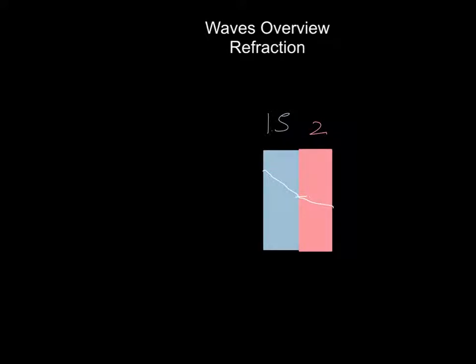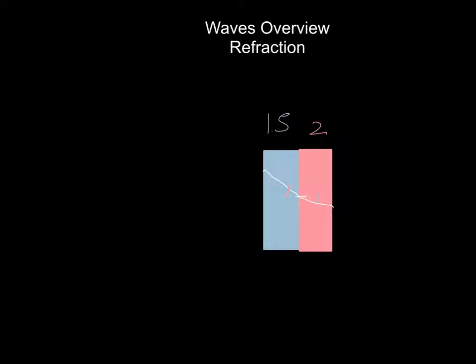So we start with this wide angle, and this angle here between our normal and our ray is going to get smaller as we get into the other material that we're traveling through, because we're going from a low index of refraction to a high index of refraction.